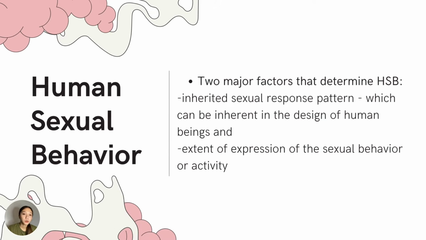Next, there are two major factors that determine human sexual behavior. HSB, class, haba kasi ng human sexual behavior. So, first is the inherited sexual response pattern, which can be inherited in the design of human beings. And another factor is the extent of expression of the sexual behavior or activity.